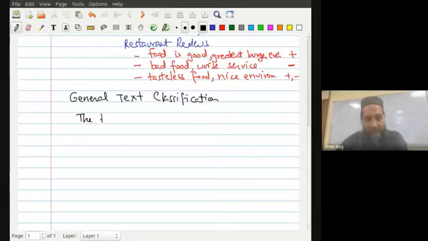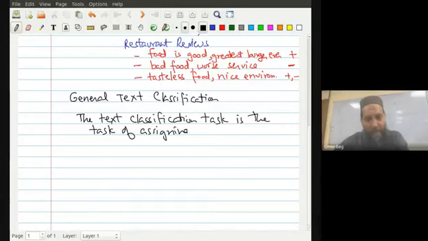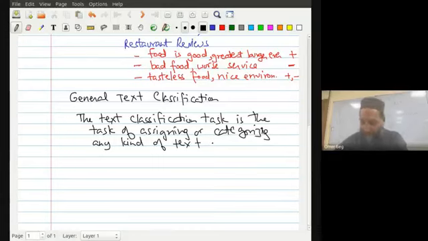The text classification task is the task of assigning or categorizing any kind of text into a given set of classes.